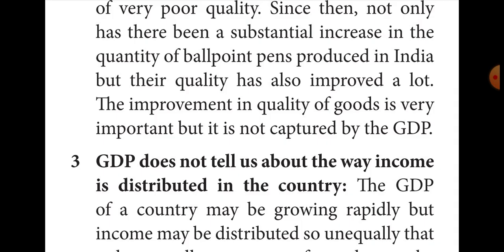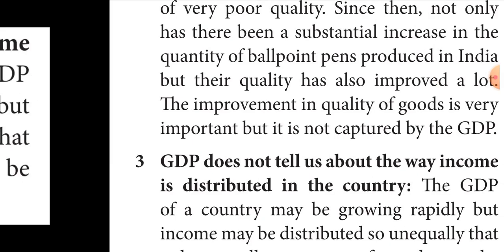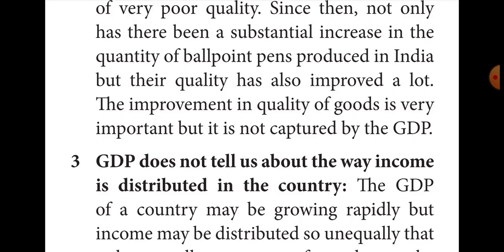That means the wealth is not distributed equally. Through GDP, they do not know about the living condition of the people, the undemocratic political system, and the high pollution. The people face so many problems, so the suicide rate will also increase.